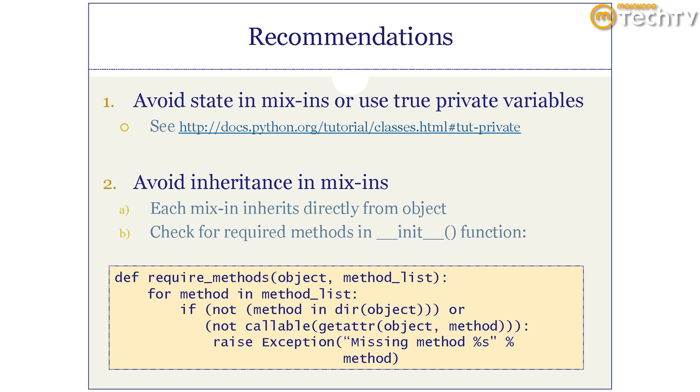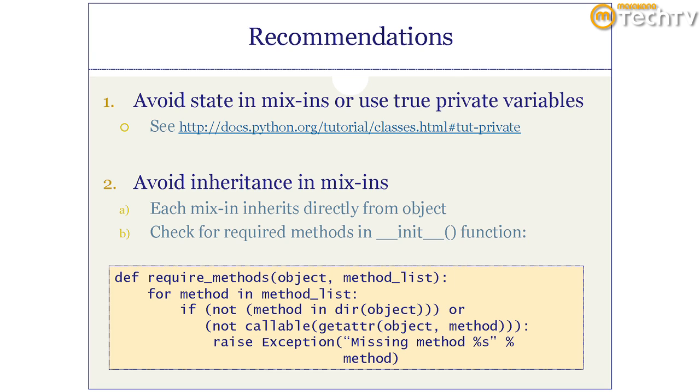The other thing is to avoid this inheritance in your mixins, and then you don't have all these problems with method resolution order. And that example of combining methods gets simpler. To avoid inheritance, you can directly inherit from object or some other base class. Then if there are some methods that you're expecting, you can check for them in your init function.